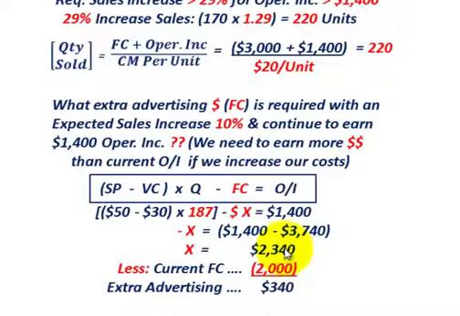Subtracting that from the $2,340 gave us our extra advertising cost of $340 based on that 10% sales increase. Okay, so that's basically what you're going to go through when you're looking at this cost volume profit analysis decision making, and really we just looked at how our decision had been based on a change in our fixed cost.